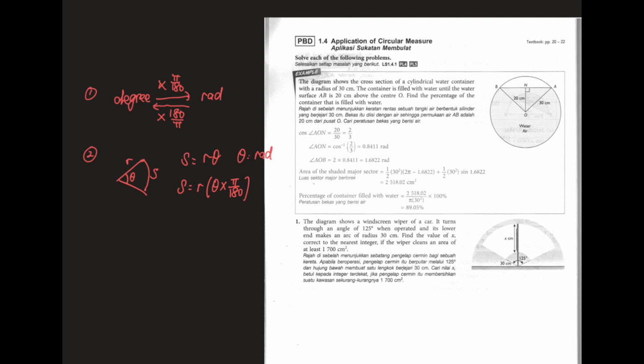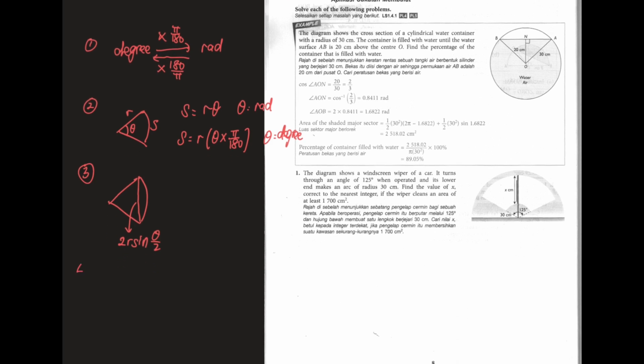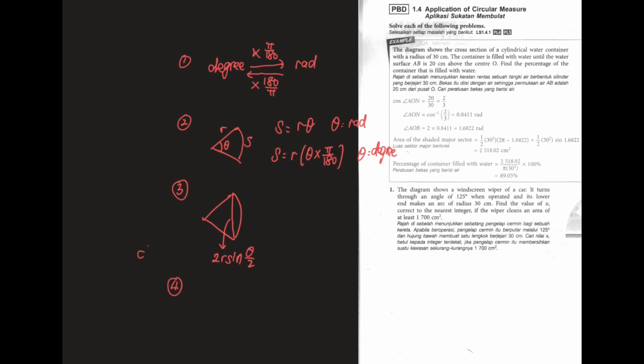Okay, so this is theta in degree. Now the third one, this one, the chord length, 2r sine theta over 2. So this is another one that you need to know. This is the chord length.